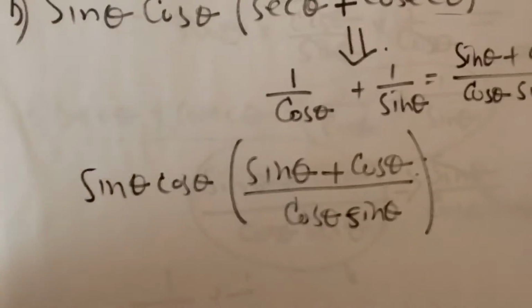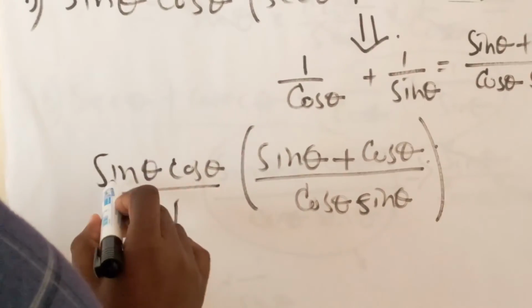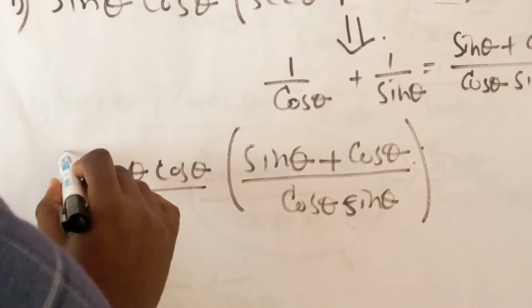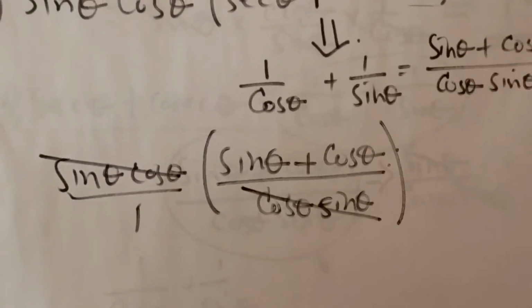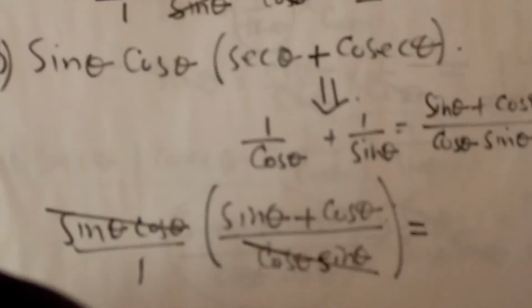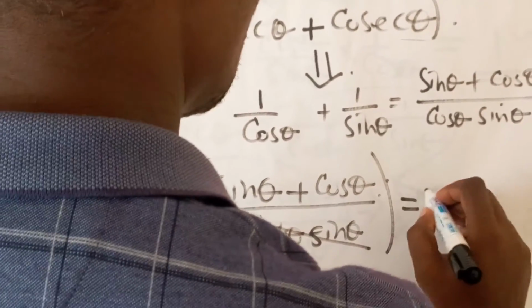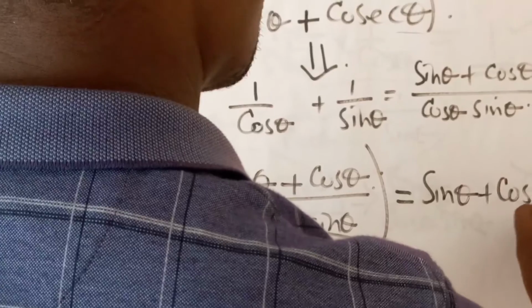And you can see, because these are two brackets being multiplied together, it goes without saying that the sine theta cosine theta will cancel with the denominator. And what we'll be having at the end of the day is a simplified version of that relationship, which is sine theta plus the cosine of theta.